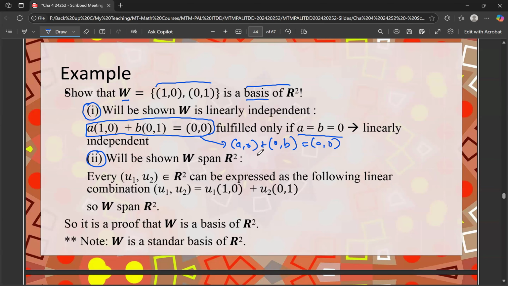So we add these vectors: (a, b) is equal to (0, 0). So we have that a and b should be 0. And also, if we choose any vector in R2, the combination should have U1 and U2 as the coefficients of these vectors. So W spans R2.